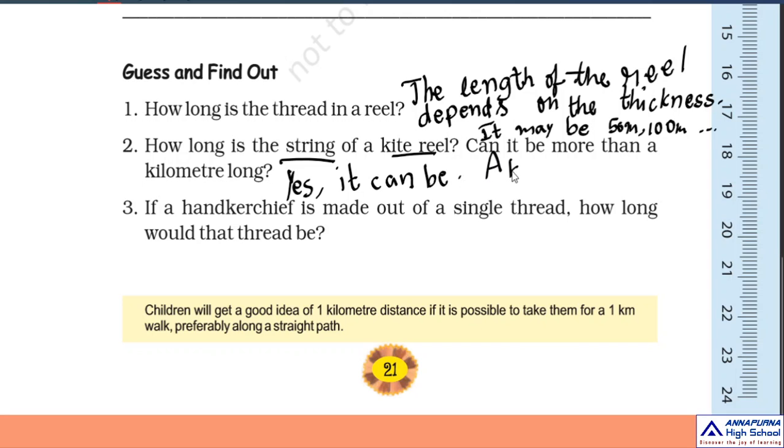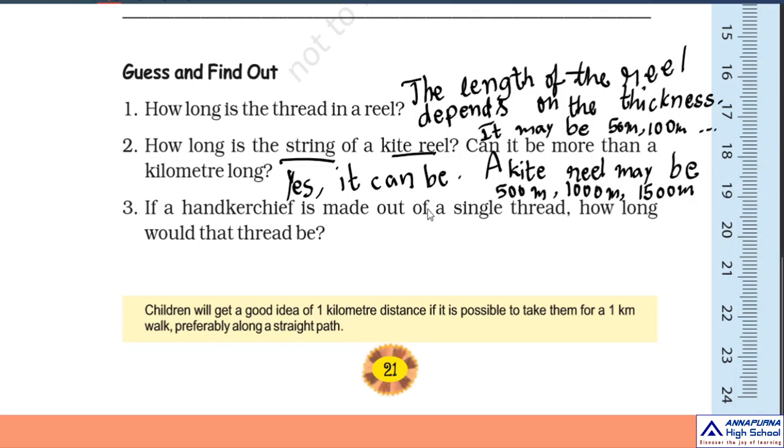A kite reel may be 500 meters. It's more than kilometers, so 1000 meters or 1500 meters.